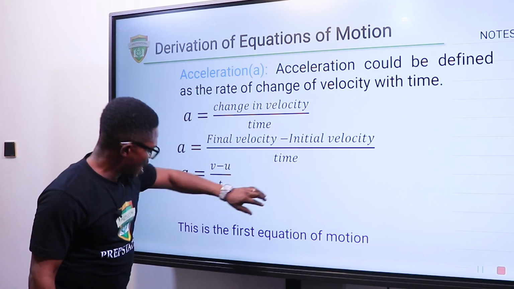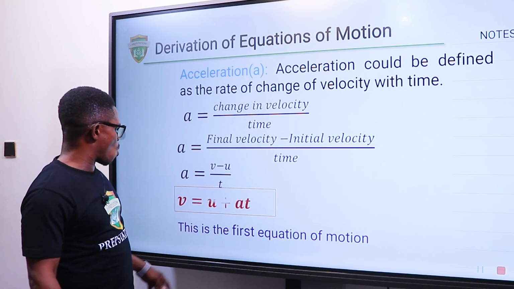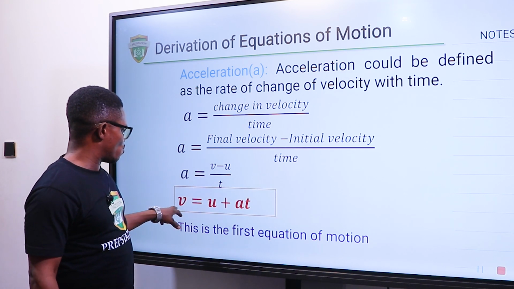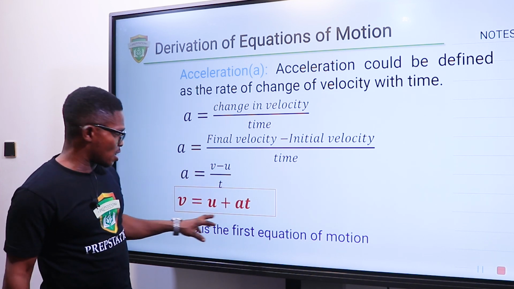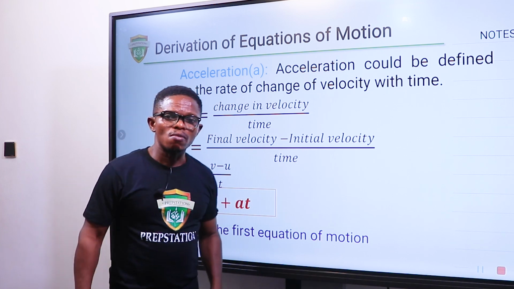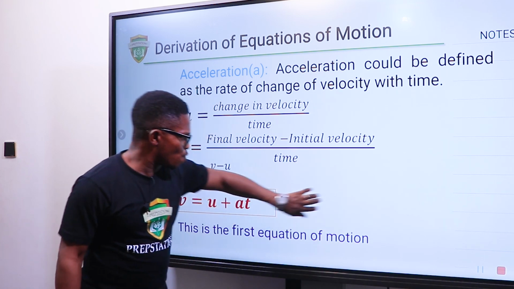Then you have the time T. This is called the first equation of motion. How? From this expression, if you make V the subject of the formula, you're going to get V equals U plus AT. So this is called the first equation of motion.